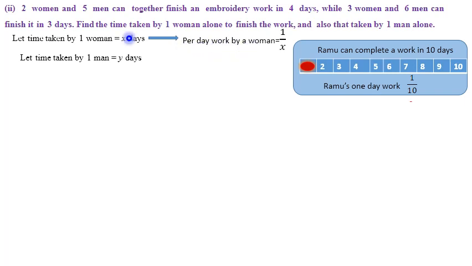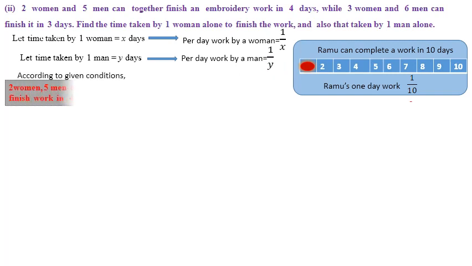A woman has taken a total of x days, so 1 part out of x days, that is 1 by x, is her 1 day work. Next, per day work by a man: a total of y days, and 1 day work is 1 part out of y days, that is 1 divided by y.